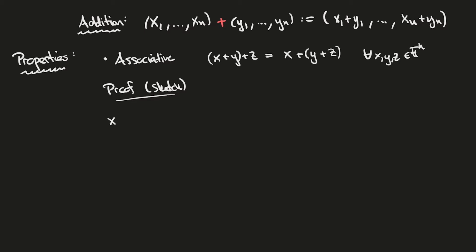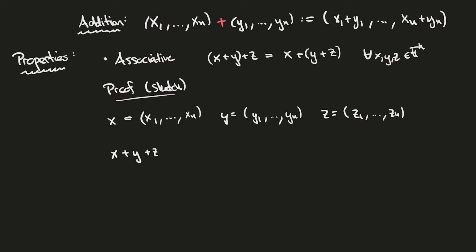So if we call x, x1 up to xn, and y, y1 up to yn, and z, z1 up to zn, then x plus y plus z bracketed in this way is equal, now if we just replace x, y, and z with the coordinate definitions we gave above, to x1, xn, y1, yn, z1 up to zn.